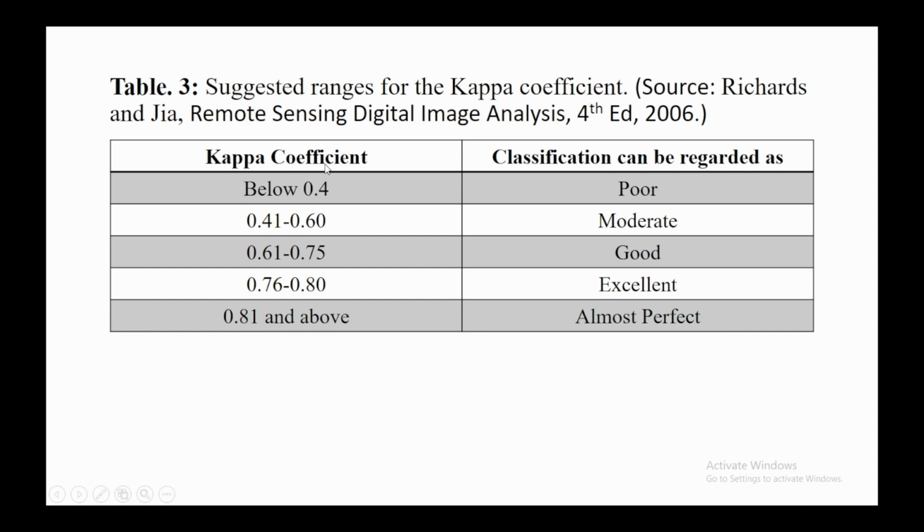A value from 0.41 to 0.6 is considered moderate classification. 0.61 to 0.75 is considered good. 0.76 to 0.8 is considered excellent. And any value of Kappa equal to or above 0.81 indicates the classification is almost perfect. So quite obviously, while performing accuracy assessment, you need to target the values in the last row here.